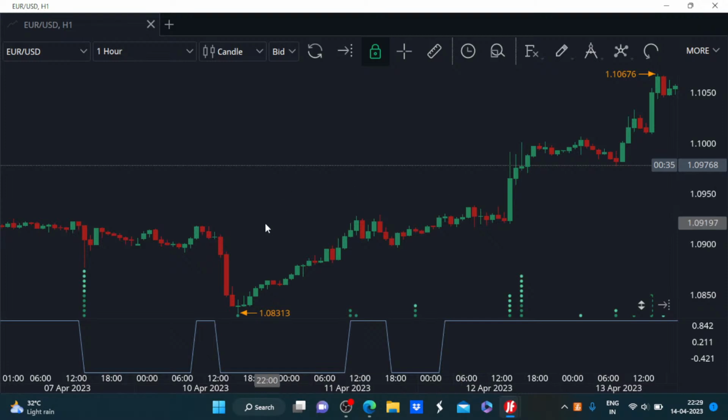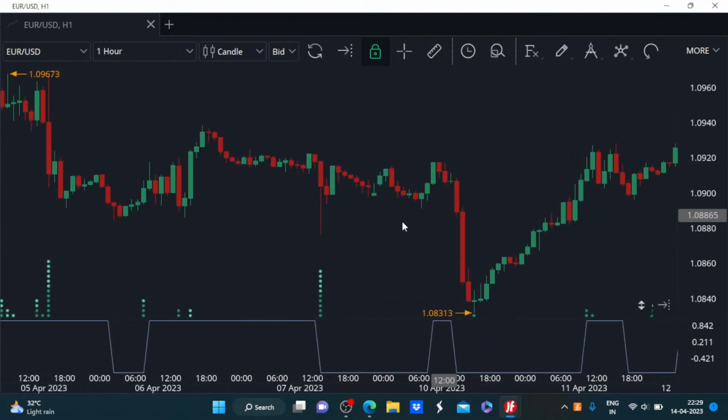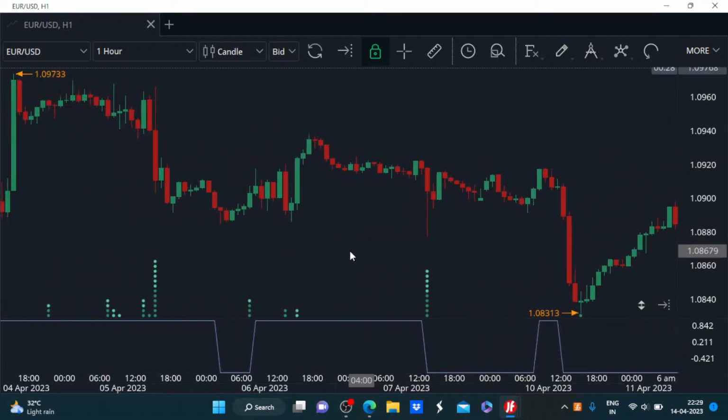In that kind of scenario, this indicator is also likely to mislead and generate many false signals, where the formation is not really going to give you wide moves. Rather, the price action is going to consolidate and remain in a limited range.